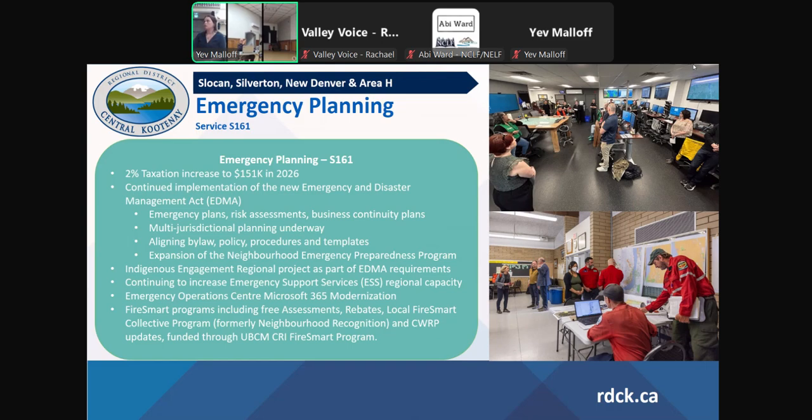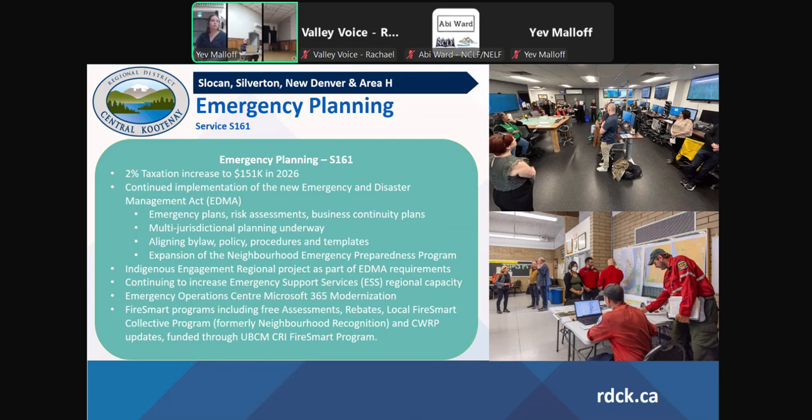So the regional district has what we call an allocation service where all the emergency planning and management costs are gathered. And then from that service, those costs are allocated out to, I believe, 7 different emergency planning services throughout the region. So the service S161 is seeing a 2% taxation increase in 2026.